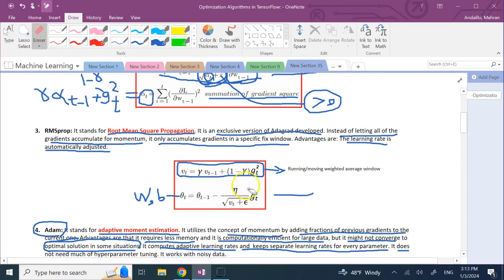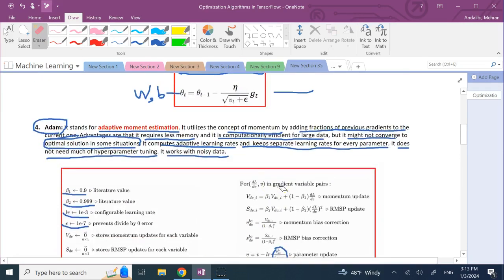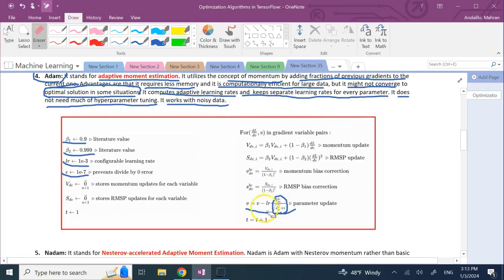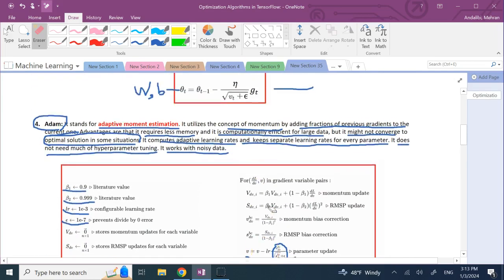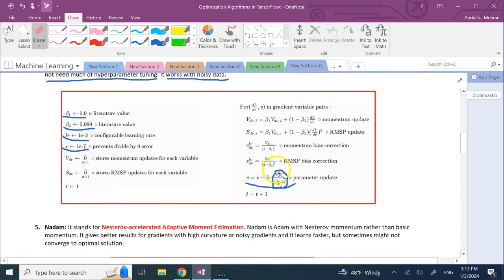So it follows this format, if you can look at it. Now that eta here is replaced by the learning rate, and g of t over square root is now replaced by v over square root of s plus epsilon, and epsilon is brought out of the square root. But again, it's not really a huge difference, except this parameter v and this parameter s.